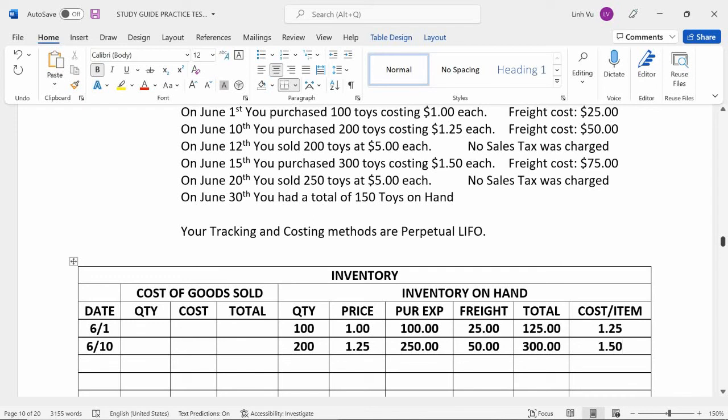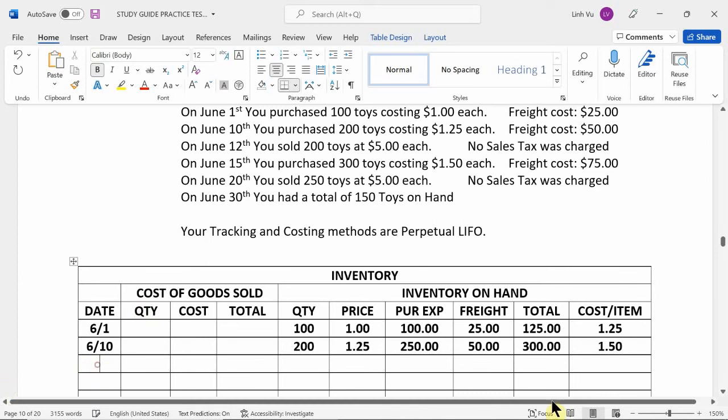So then here on June 12th, we end up selling 200 toys for $5 each. No sales tax was charged. So in this case, I end up selling on June 12th 200 toys. Using the rules of LIFO, last in is first out, which batch of inventory am I going to take out from?